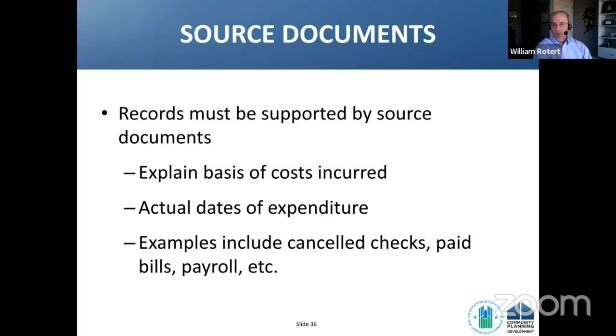That's particularly important if HUD comes out to do a financial management review, because they're going to pull some sample draws by specific dates and amounts. So you need to have the dates. And then the source documentation itself. Depending on what that expenditure might be, you'd have copies of canceled checks, you'd have copies of paid bills, and you'd have copies of your payrolls. So you know this dollar amount was matched by those particular source documents. Next slide.